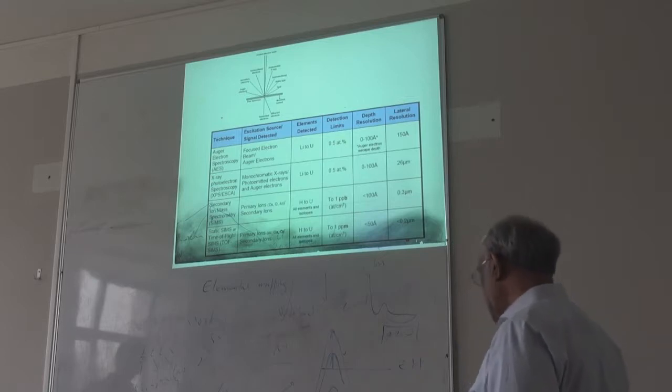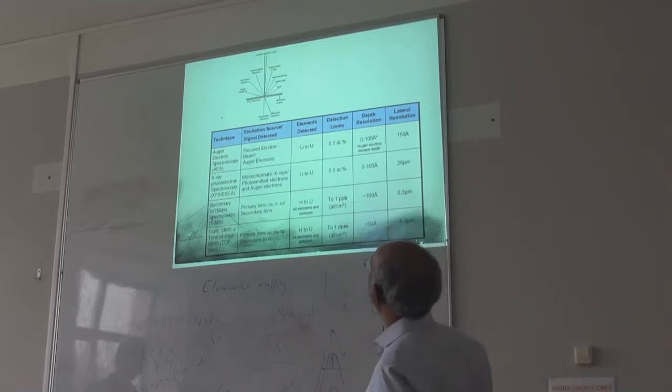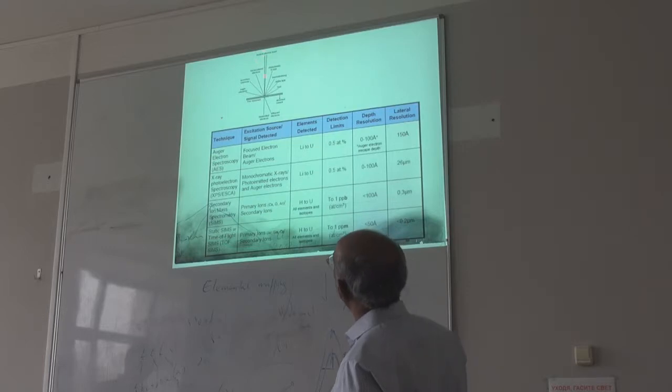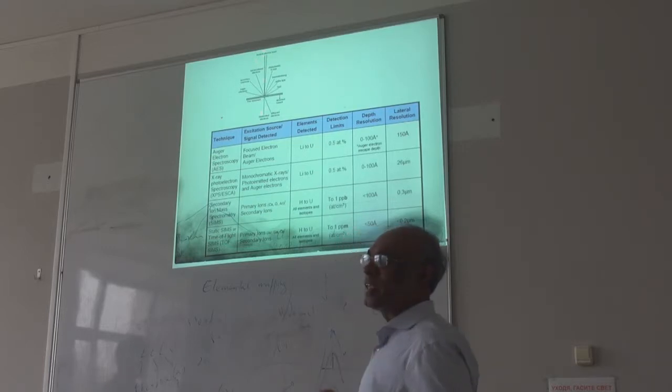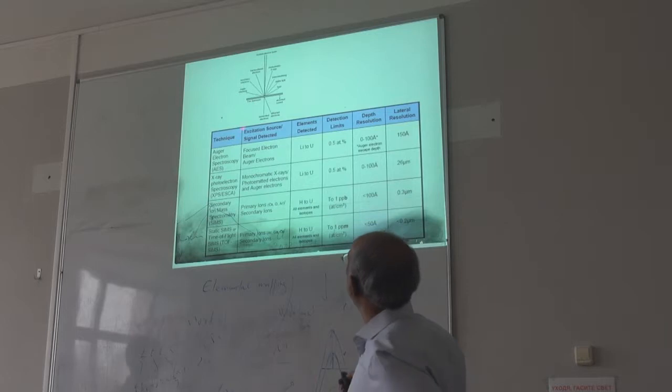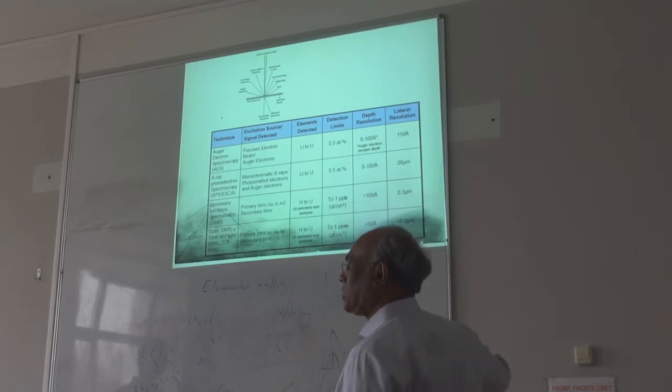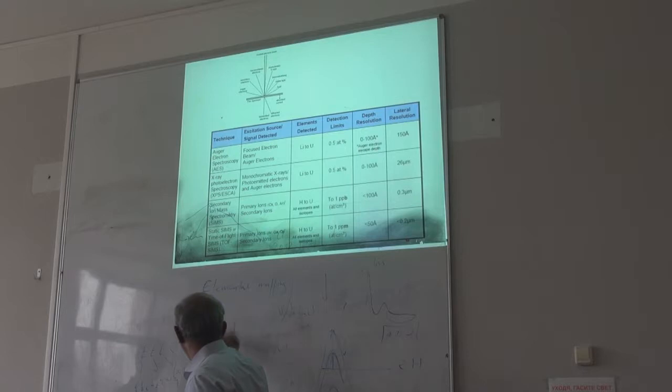So also there are some other signals. This is actually a very important thing to understand. If you have an incident electron beam, there are so many things that can happen. You have bremsstrahlung, the broad X-ray background.